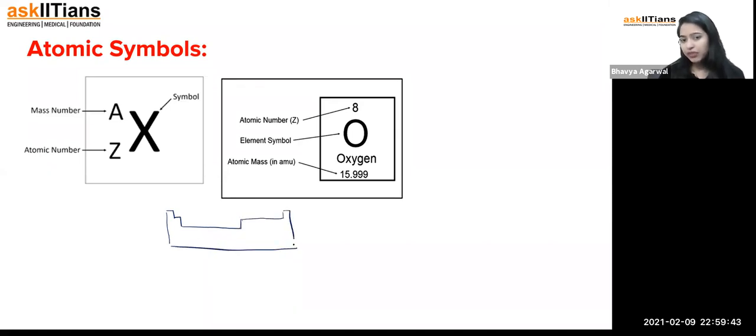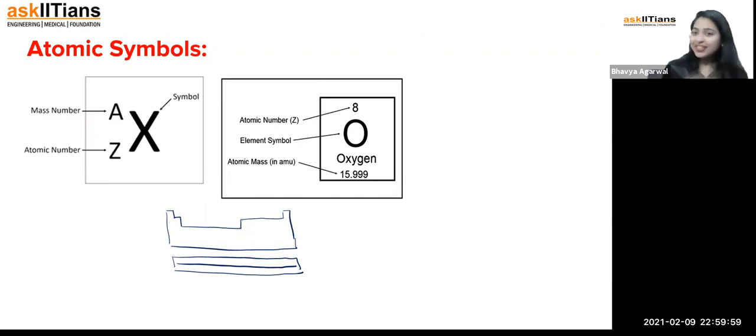Some of you might even have it as a chart at your house, whether you are a chemistry lover or highly afraid of chemistry, just to have a view of it every now and then. So this is how your periodic table looks.